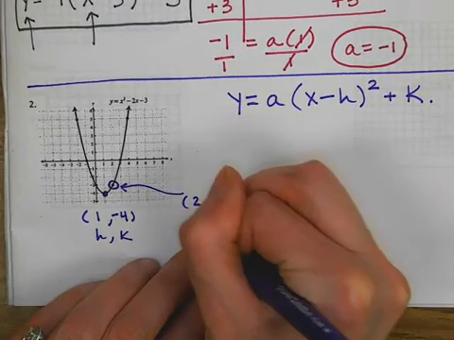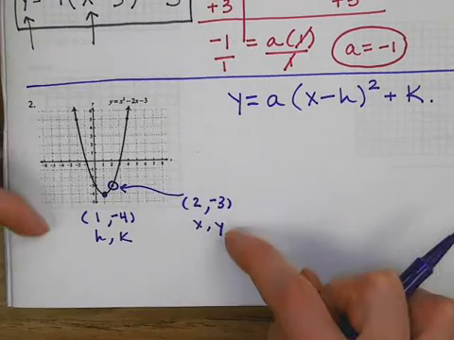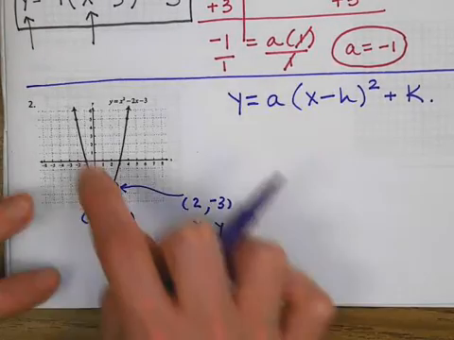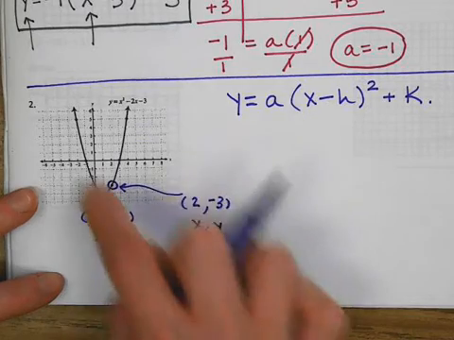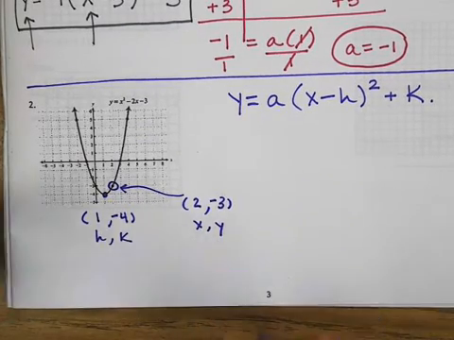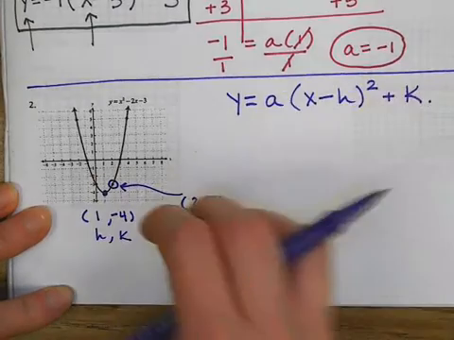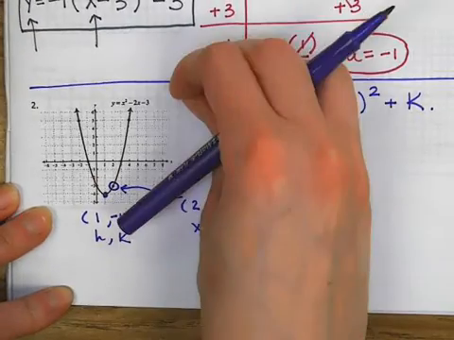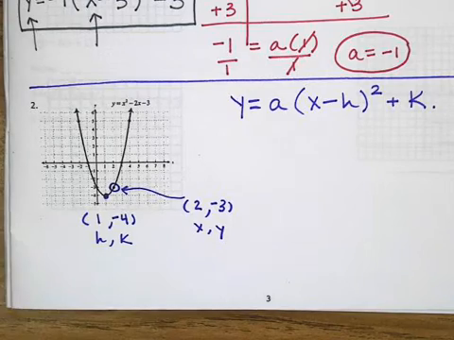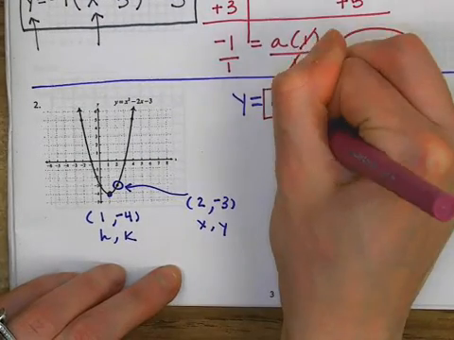Okay, so that's going to be your x and your y. Do you guys see? This is exactly like number 1, except we had to find the information first. But now it's exactly the same. Plug in h, plug in k, plug in x, plug in y, and you're trying to find a. You're always trying to find a on these.